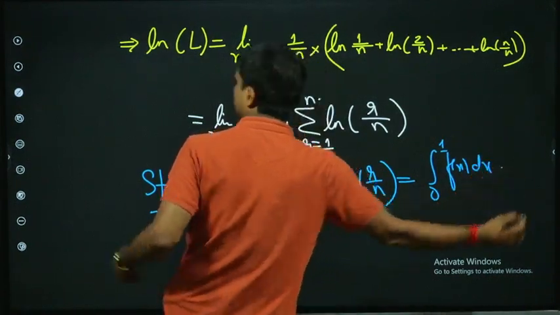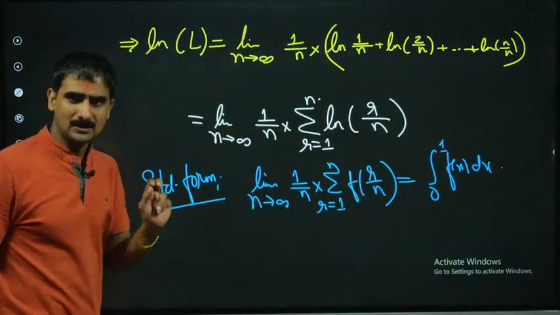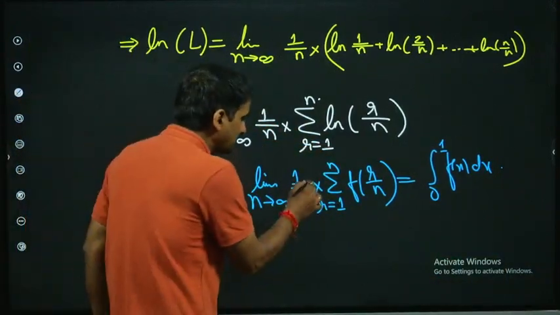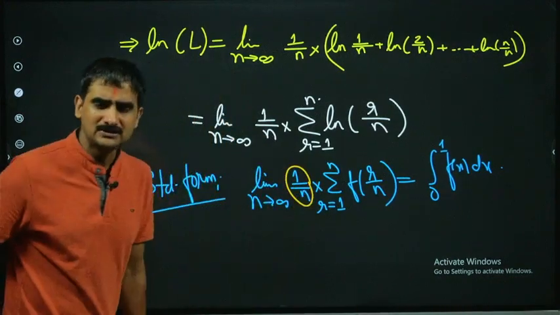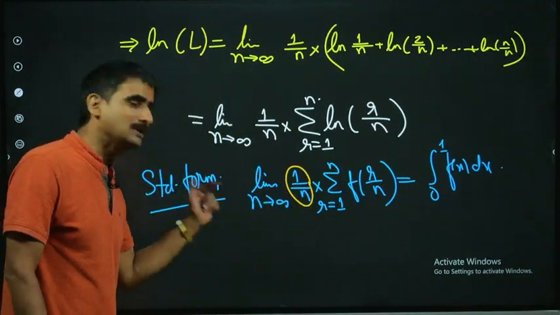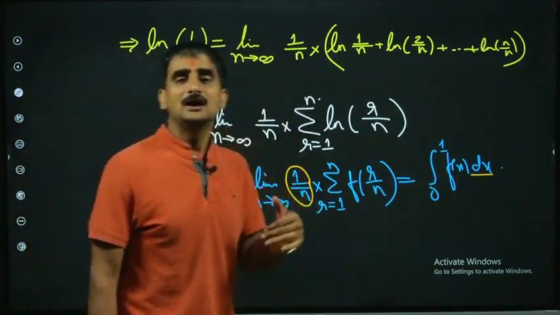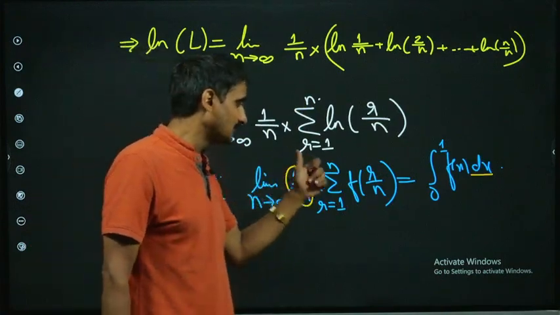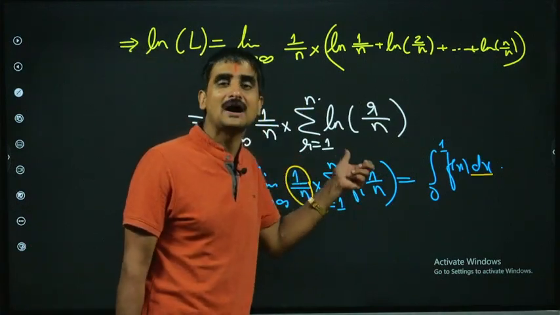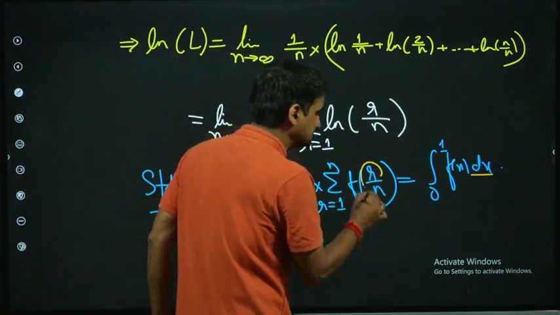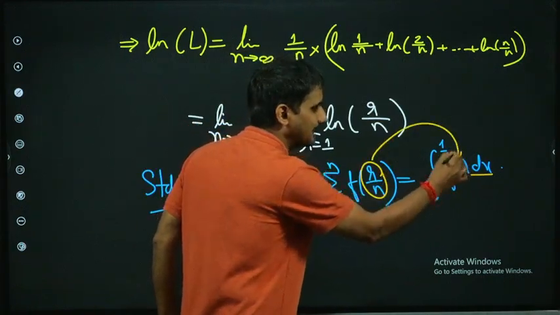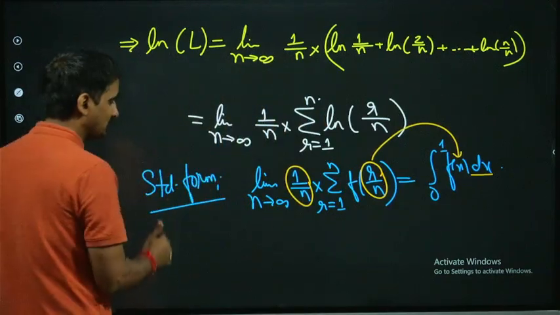What I always say is that you replace 1 by n, which is infinitesimal because n approaches infinity, so 1 by n approaches 0, by dx. And wherever in f the function you have r by n, you replace r by n by x here. So that's what we are going to do here.